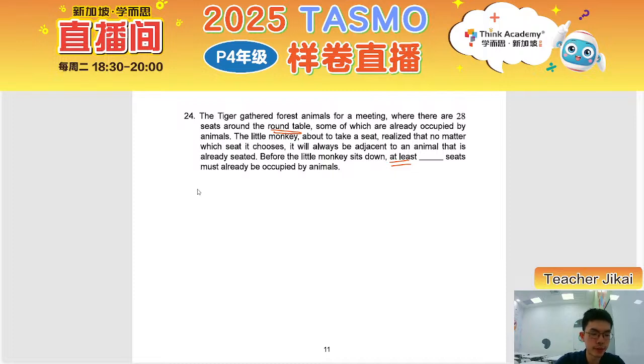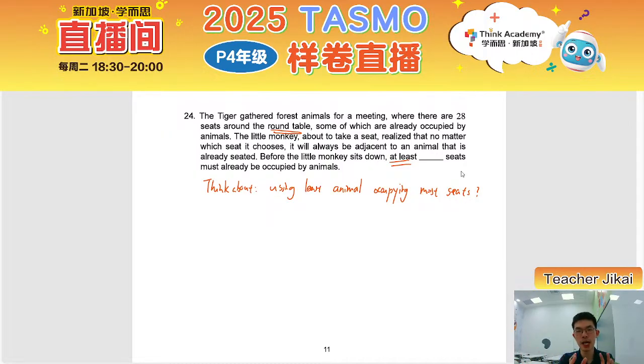So we need to think about using the least animals to occupy the most seats. What does it mean? It means we can make full use of the seats beside each animal.